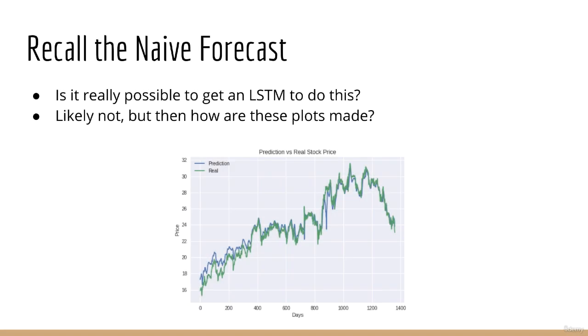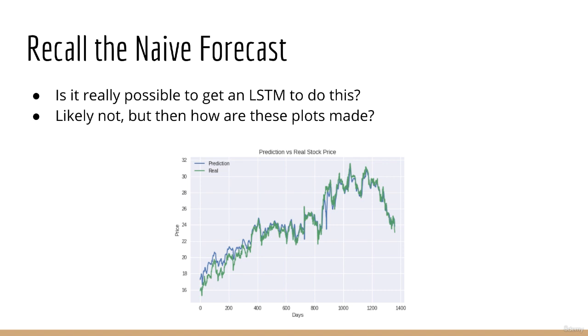So this is something I alluded to earlier in my lecture on the naive forecast. In that lecture, I said that one of the bad things marketers do is they write these articles about predicting stock prices with LSTMs that make this huge mistake. Well, this lecture is all about what that huge mistake is. As you've seen for yourself after going through this section, it's very easy to get a plot where the model predictions almost exactly track the true value.